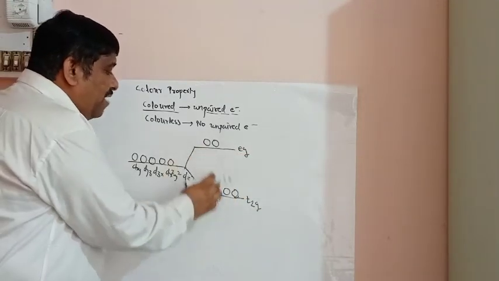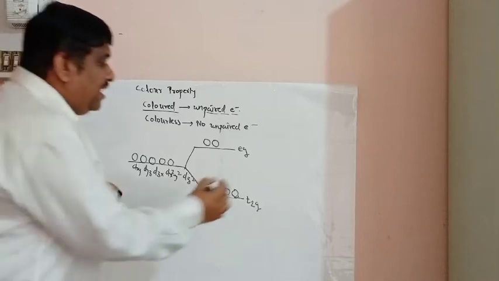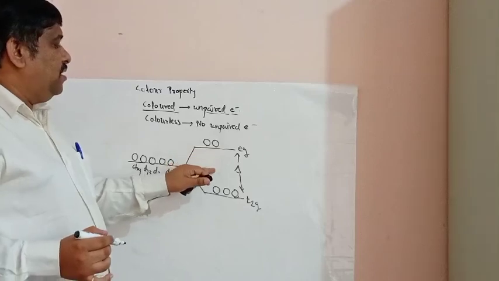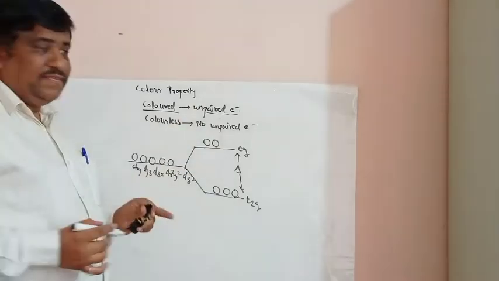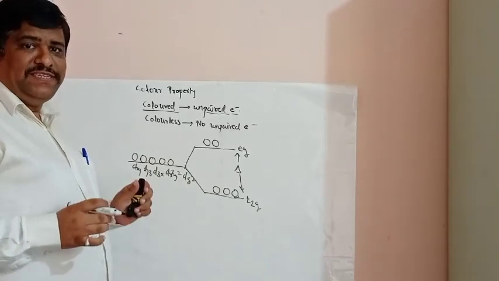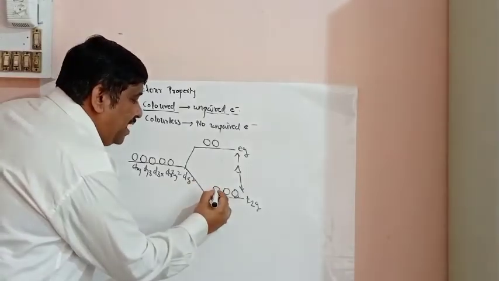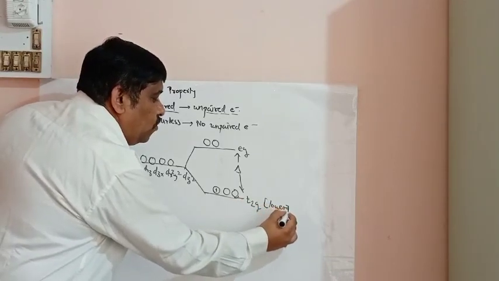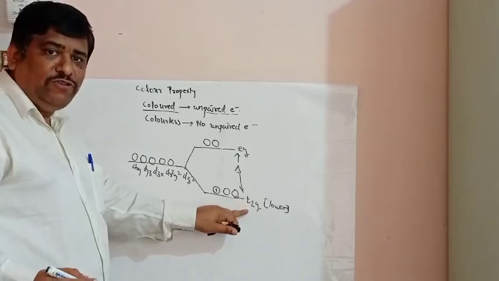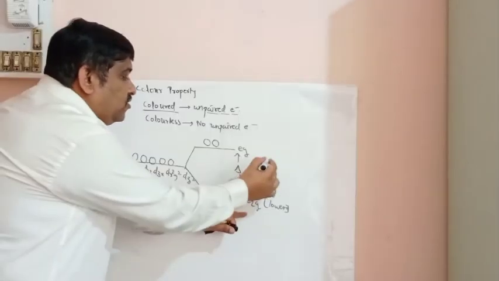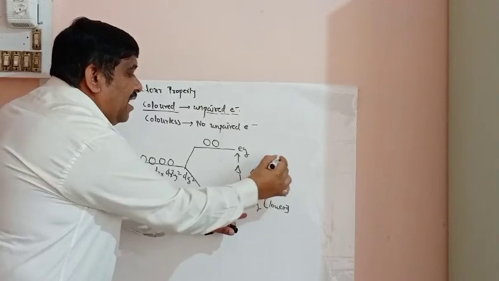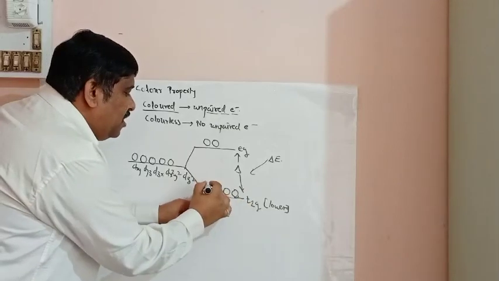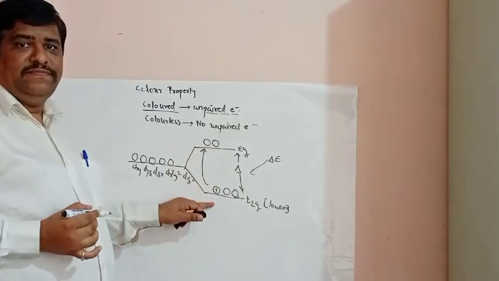Now here you have the two energy levels and there is a gap in between, which is responsible for the color property. What happens here: when the unpaired electrons are in the lower energy orbital, which is T2G here, and light falls on it, with delta E, the electron jumps from the lower energy orbital to the higher energy orbital.